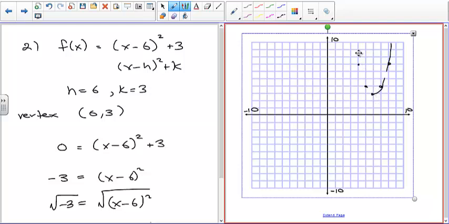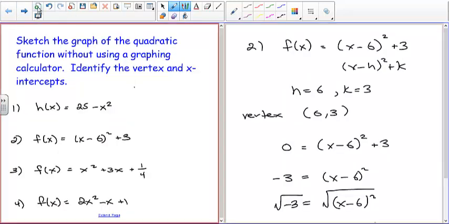And now I could just sketch it in there. And you can see why we ended up with no x-intercepts. If this were negative 3, or if this were a negative sign in front here, then I would be able to get a number. I get 2 x-intercepts. So with quadratic equations, you either get 0 x-intercepts or 2 x-intercepts.